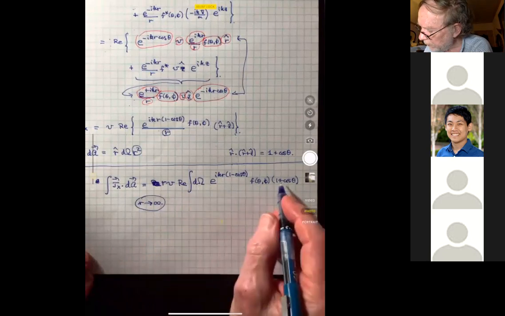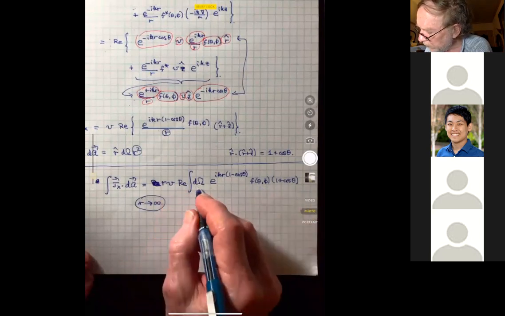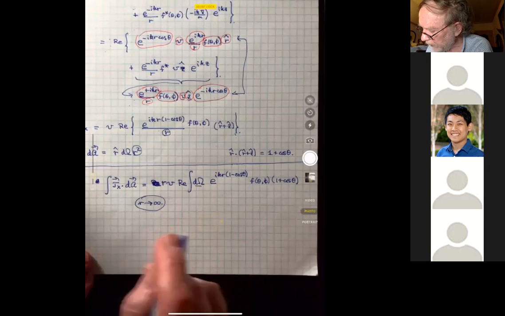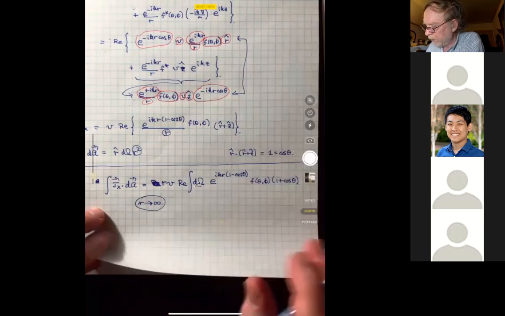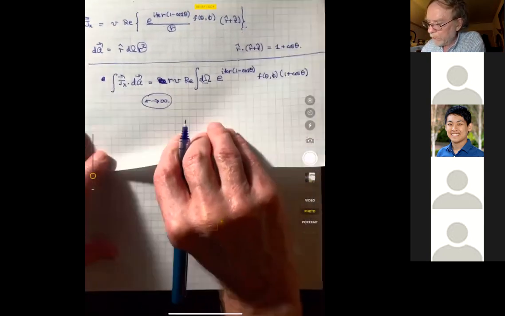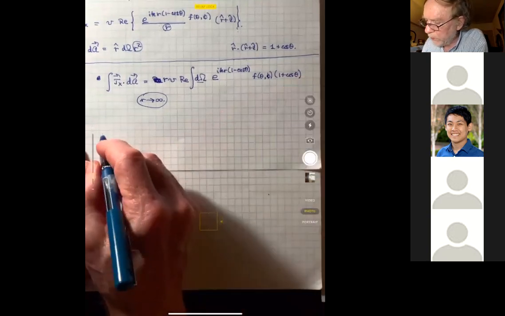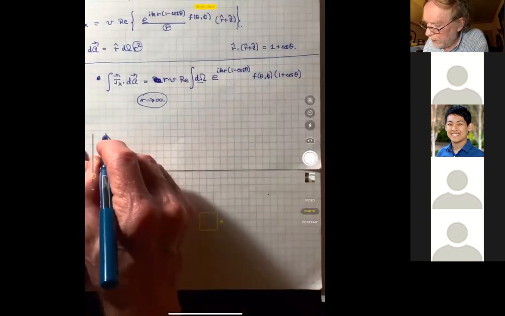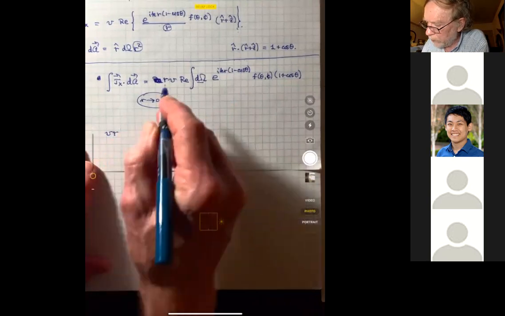But to allow me to write this, and to do the integration by parts, let me write out the integral d omega explicitly, and maybe I'll write it as a single neat formula here. So the integral we get then is equal to v times r. That's these first two factors here.